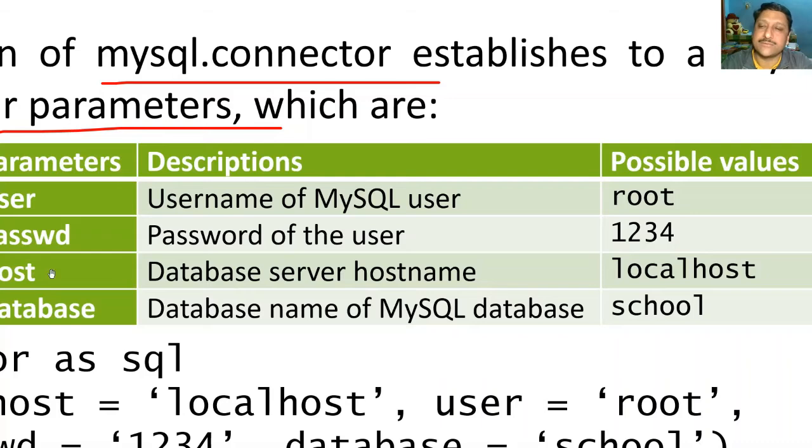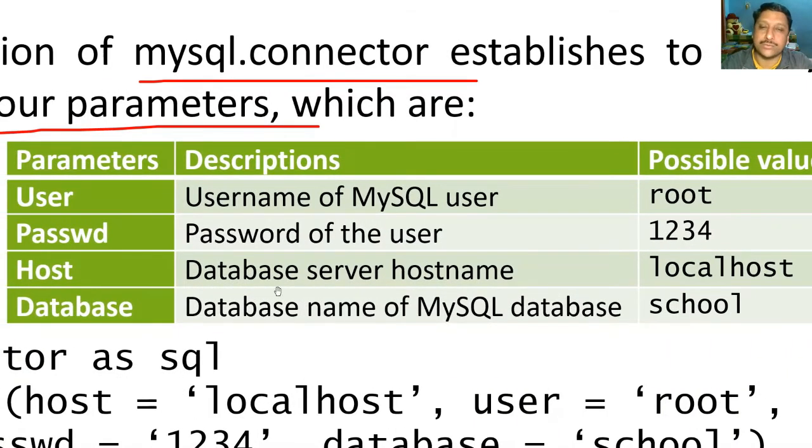In place of host name we write localhost. And the database name: every time we have to open a database to work with tables, and generally the database name is Sql. During learning we use Sql.